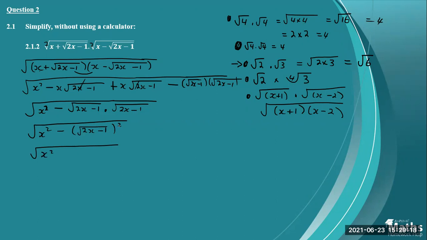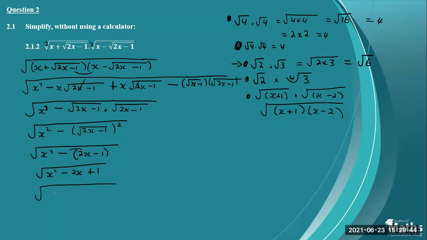So the square root and the square will cancel out. But the inside, you put in brackets. You see how many places here to make a mess. Then this minus, you're going to distribute in. That's going to become x squared minus 2x, and a negative negative is a positive 1.